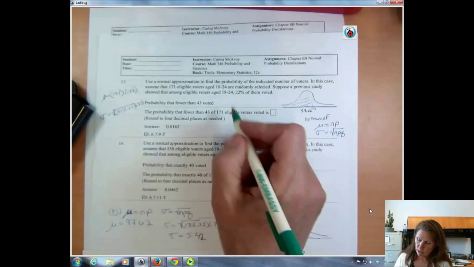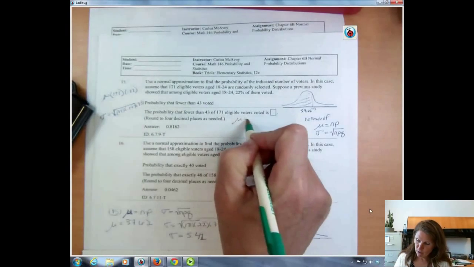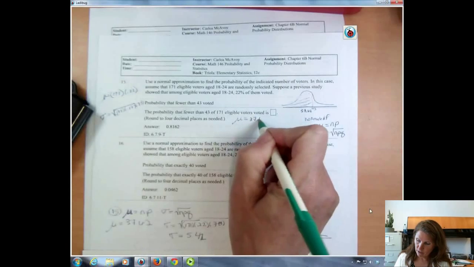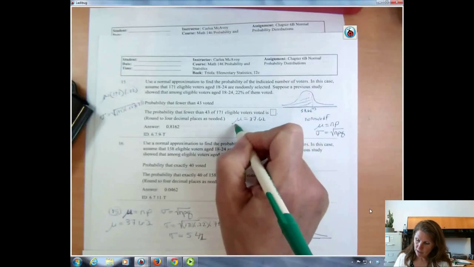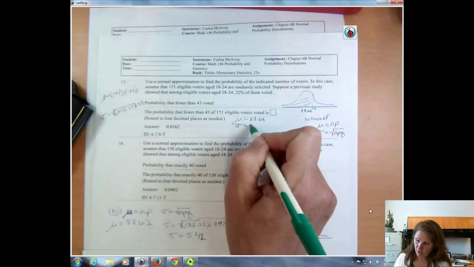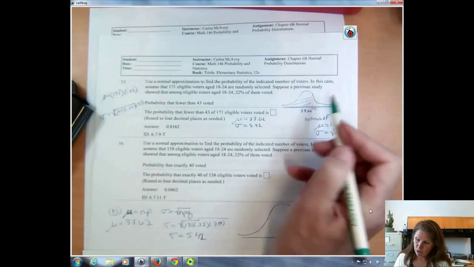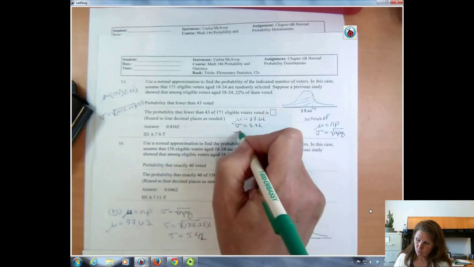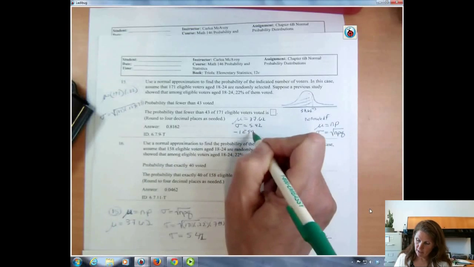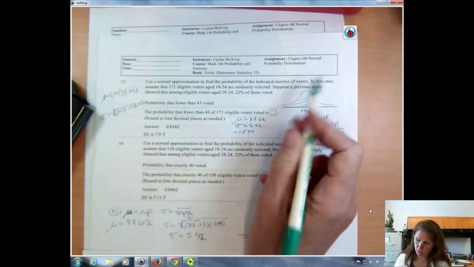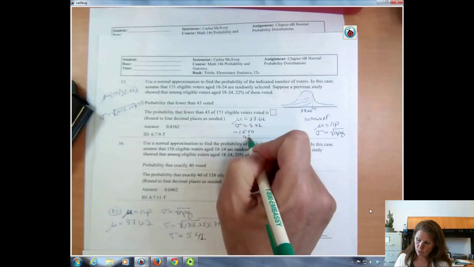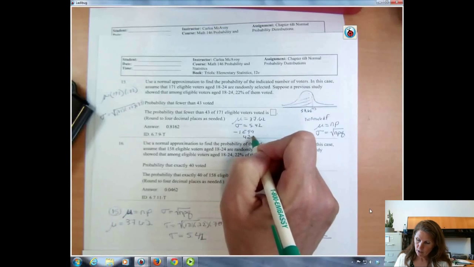So what I'm going to put into my normal CDF, I'm going to put my mu of 37.62. I'm going to put my standard deviation of 5.42. And I'm looking to the left, which means I have -1 to infinity on the left. And on the right, instead of putting 43, I'm going to put 42.95.